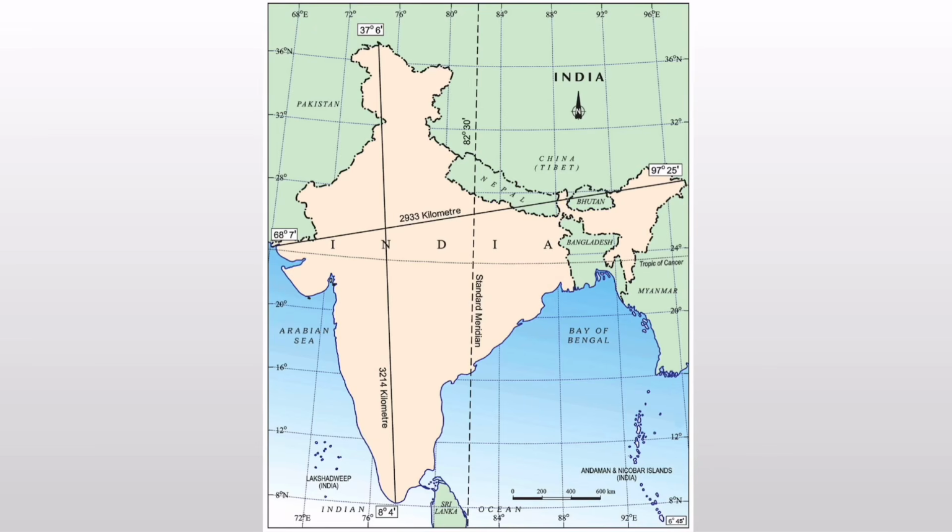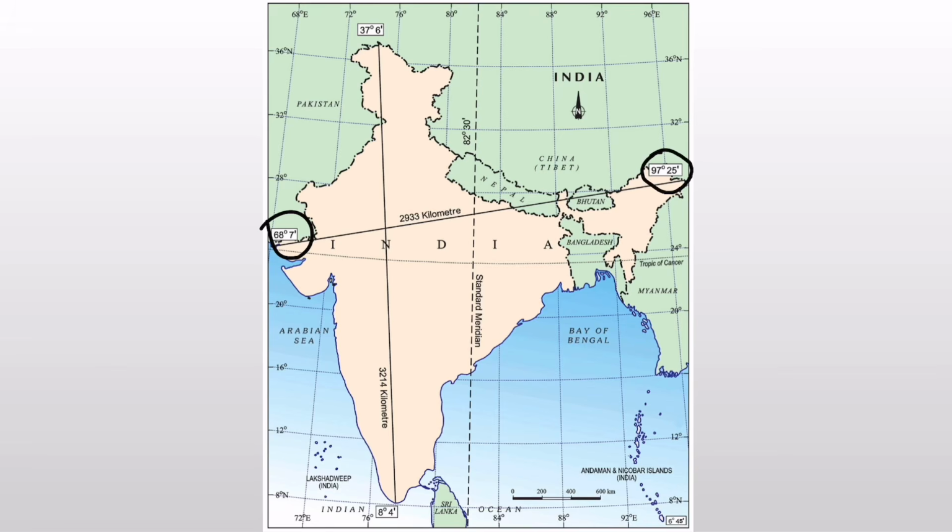Now let's talk about another term which is known as standard time. So what is standard time? Standard time is based on different countries. If I take an example of my own country, India, I see that the country is spread over a lot of longitudes, starting from 68 degrees 7 minutes east to 97 degrees 25 minutes east.